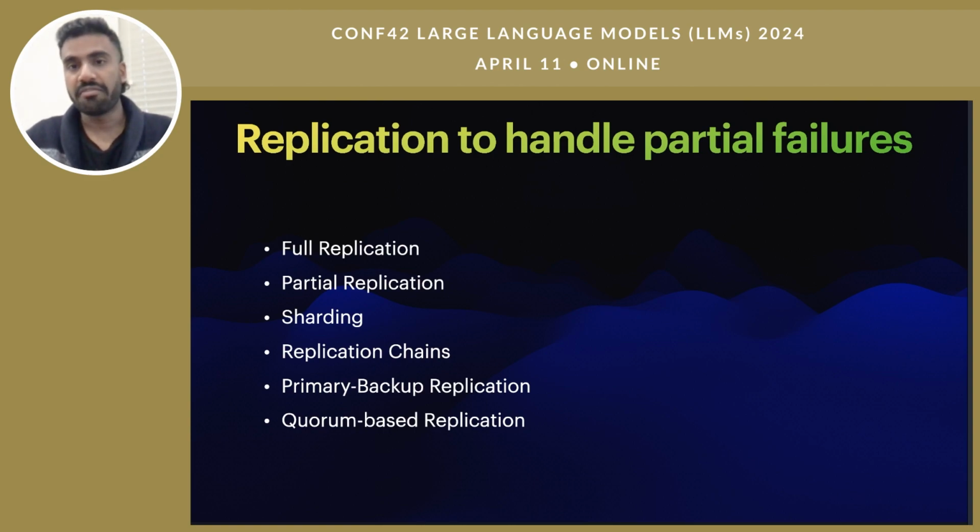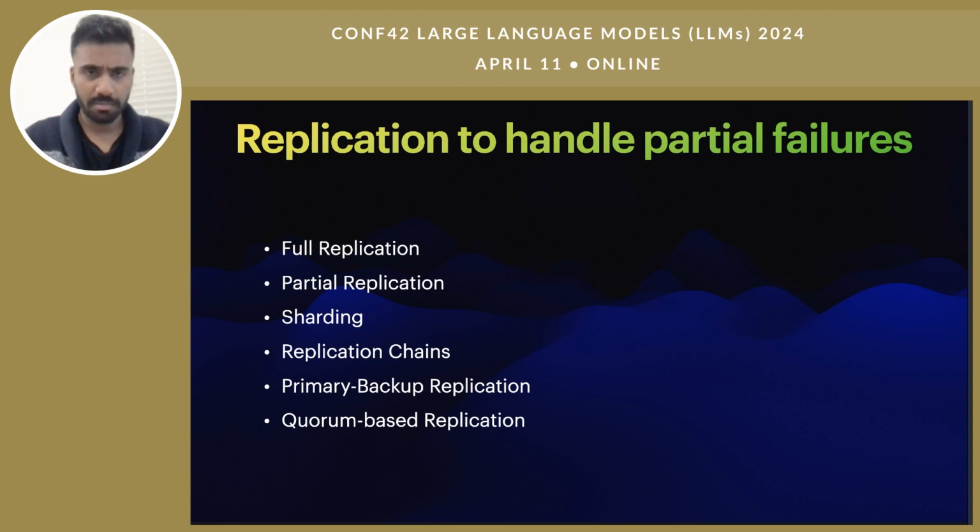If the primary replica fails, one of the backup replicas can be promoted to the primary role to continue serving client requests. Again, it's like master-slave, and new leader, new master election, and all those things come into the picture. So this approach provides fault tolerance and higher availability, while minimizing overhead compared to full replication.